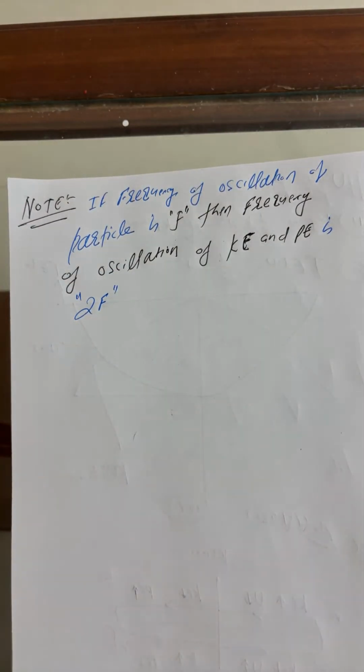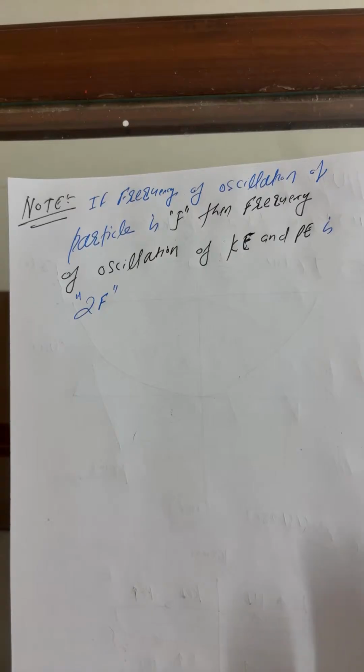Beta, keep in mind, this question was asked in JEE Advanced 1987, a 2 marks question. So if the frequency of oscillation of a particle in SHM is f, then the frequency of oscillation of kinetic energy and potential energy is 2f. So keep this point in your mind.